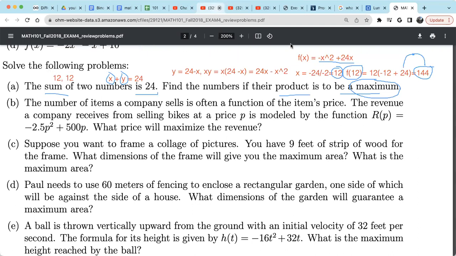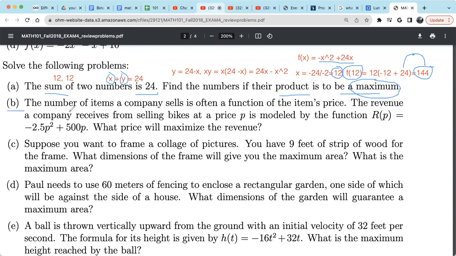Now let's see B. Understanding the question is very important because this is a live application. But to see which model, which function fits into this live application, we need to be good at reading in English and also think about the functions we have learned.